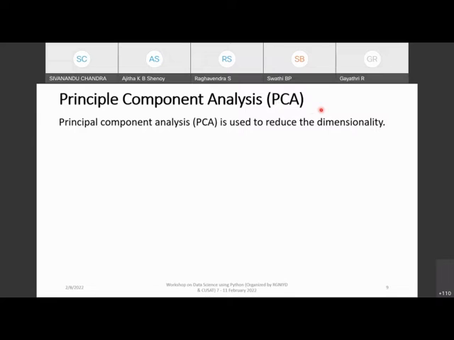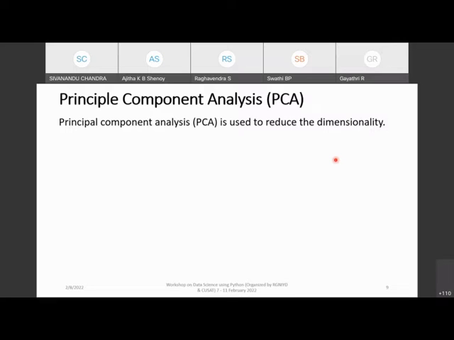Okay, let me go ahead with this rather than asking more questions. I got one answer from Swati, saying eigenvectors, correct? So mainly we are using linear algebra and statistics in principal component analysis. It is mainly used for reducing the dimensionality.